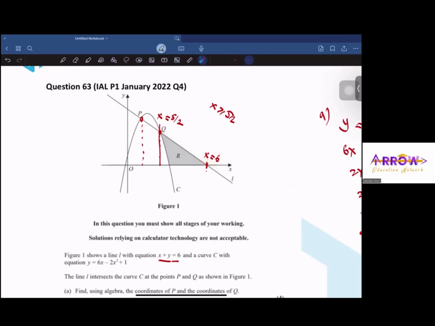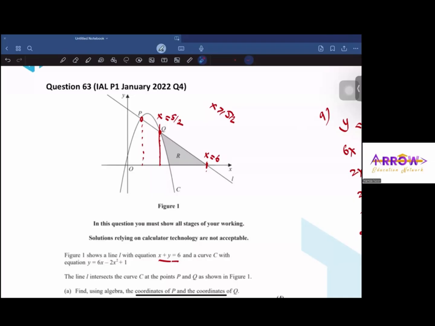Okay. Solely due to this reason, because we are considering the region below the line and above the curve, but only above the x-axis. So obviously this region which is under the x-axis, under the line and above the curve, will not be considered over here. So when you say x is greater than or equal to 5 over 2, this is enough.